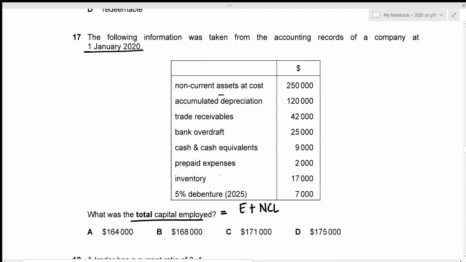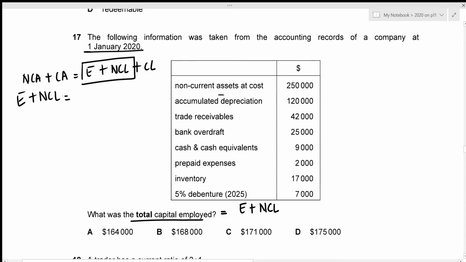We are not given equity and non-current liabilities at all, which means that we have to use the equation of our statement of financial position. That is non-current assets plus current assets is equal to equity plus non-current liabilities plus current liabilities. And we require the equity plus non-current liabilities, right? And we can figure it out by adding the non-current assets to current assets and subtracting the current liabilities. So we need to do this.